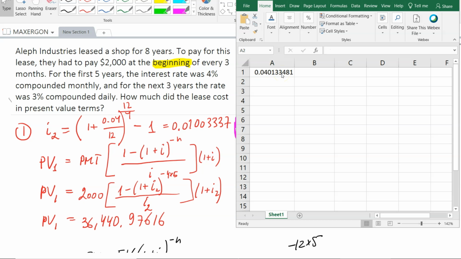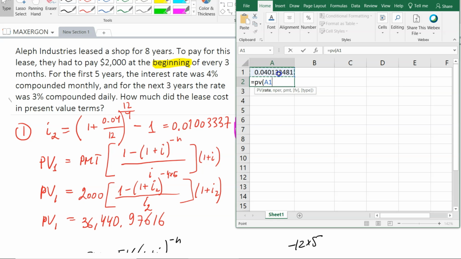4% compounded monthly. Now we are ready to find present value 1, which is the present value of so-called red annuity in this example. The function is PV, of course. The rate is in A1 divided by 4, which gives us periodic rate. Number of periods is 4 times 5, because there are 5 years in that red annuity.